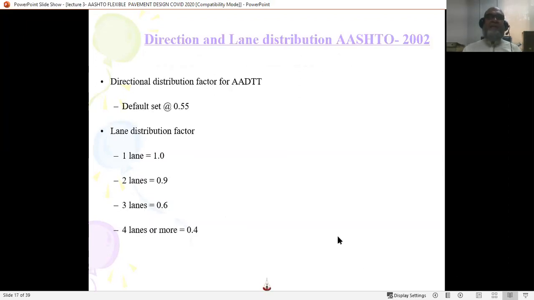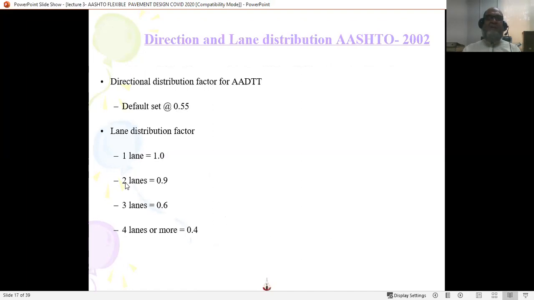So what are the standard values of this direction and lane distribution? Direction distribution is 0.55. Now, if you have 2 lanes, one in each opposite direction, then this lane distribution is 1.